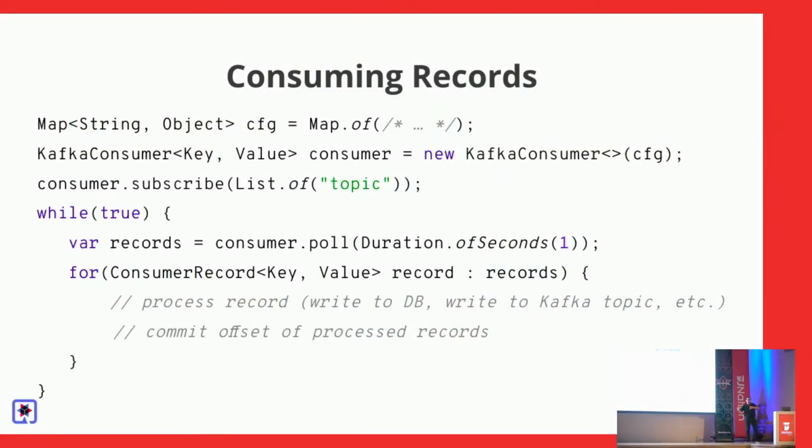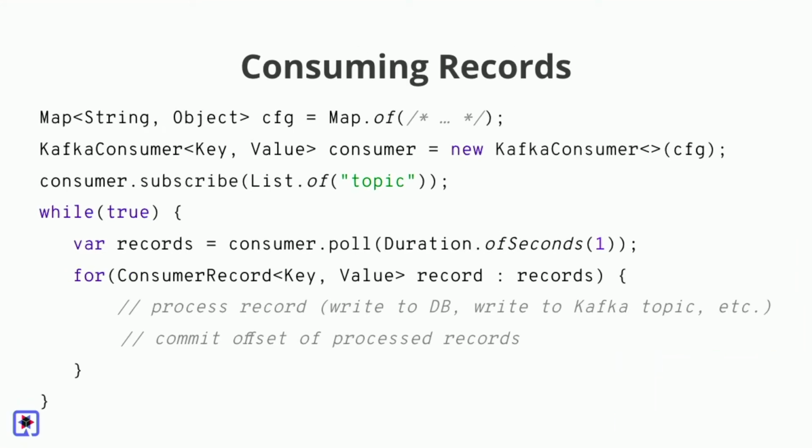You poll by batch, so you get a set of records every time, and then you process them. Processing records means writing to a DB, writing to another Kafka topic, whatever you want. At some point, you need to inform Kafka that you processed all those previous records, so if you crash and restart, you will restart from that position, that offset, and not from the first offset.